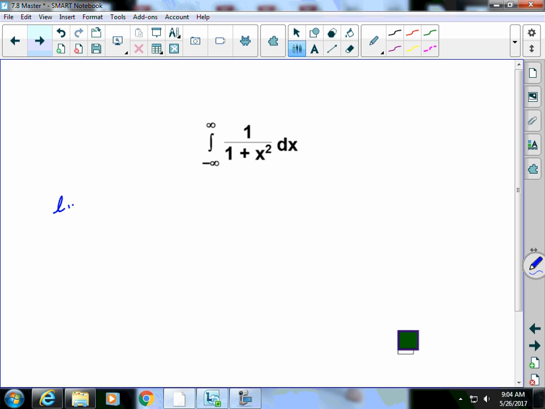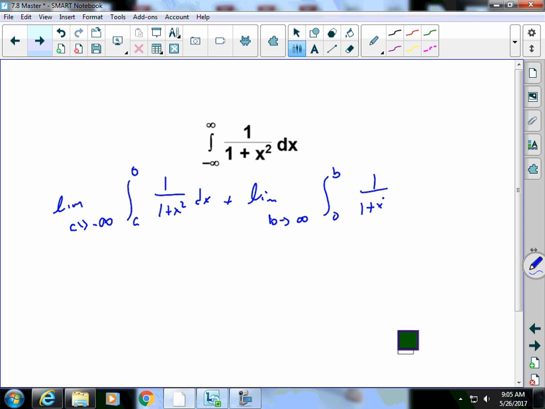So I'm going to say the limit as a approaches minus infinity of a to 0, because it's a nice easy spot to look at, 1 over 1 plus x squared dx, plus the limit as b approaches positive infinity of 0, because I have to pick up where I left off, to b of 1 over 1 plus x squared dx. So now I've broken it apart, starting from a to 0 and from 0 to b.